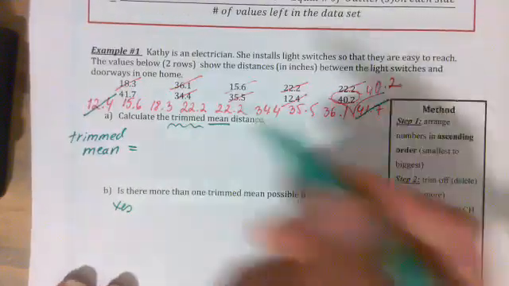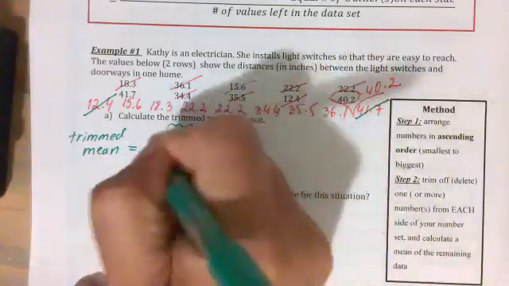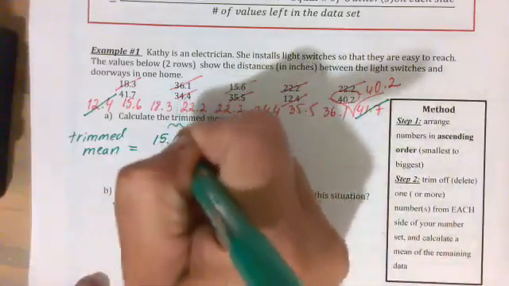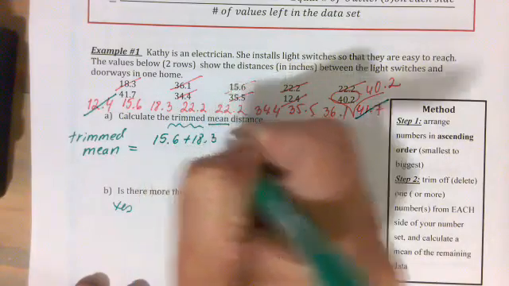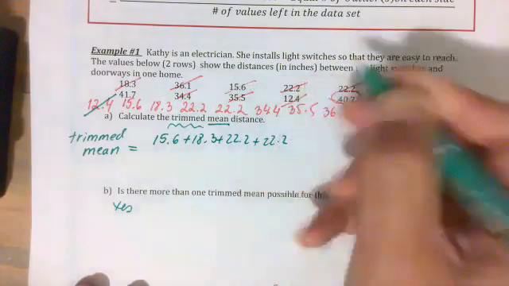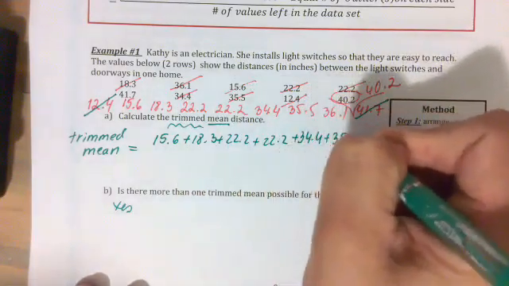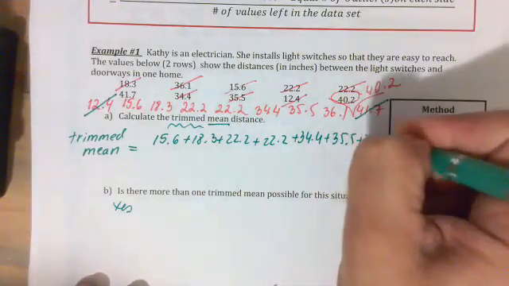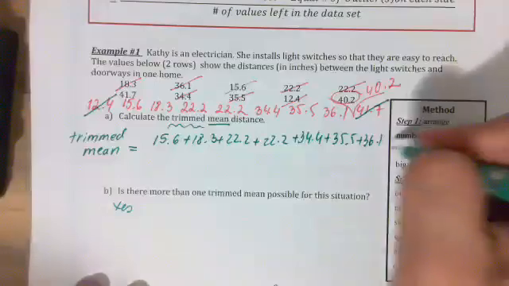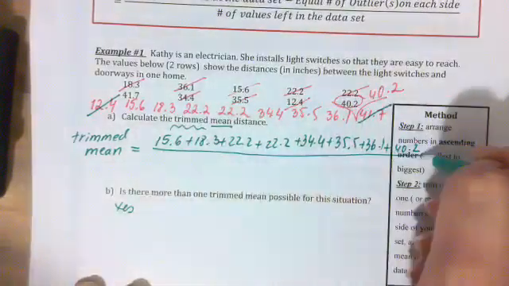So the trimmed mean for our calculation with 1 from each side trimmed off is going to be 15.6 plus 18.3 plus 22.2 twice, plus 34.4 plus 35.5 plus 36.1 plus 40.2, divided by 8.